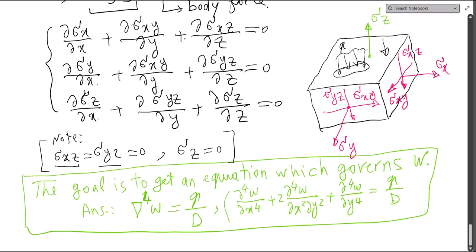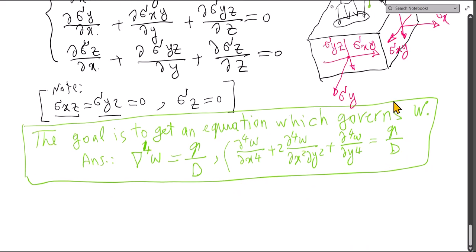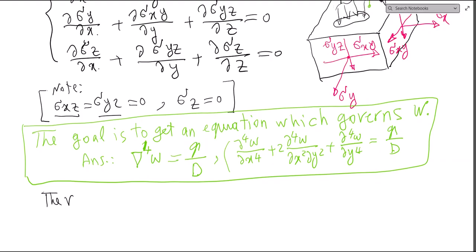Now we are going to understand what is going on here by looking at the variation of stresses along z, the depth.